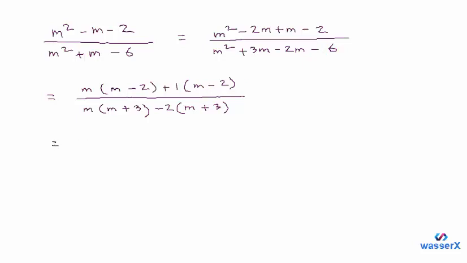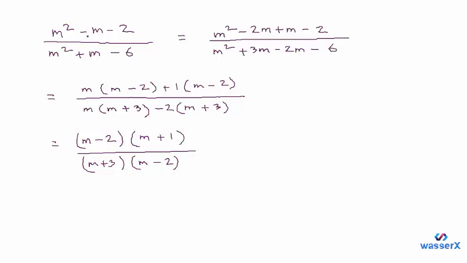Is equal to, on the top there are two terms, common factor between them is m minus 2. Let's take that out, m minus 2. What's the leftover? m from the first term plus 1 from the second term, over common factor between these two is m plus 3, times leftover is m minus 2.